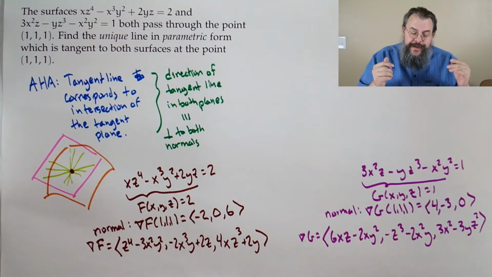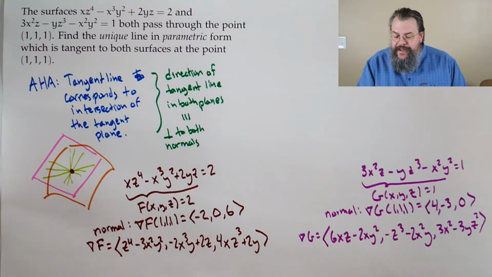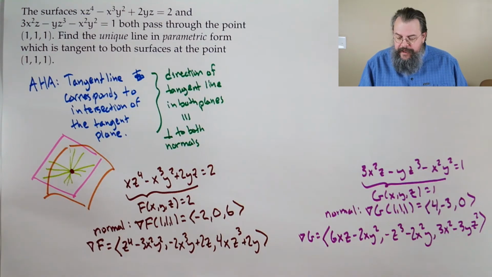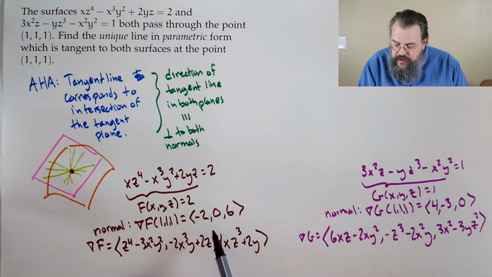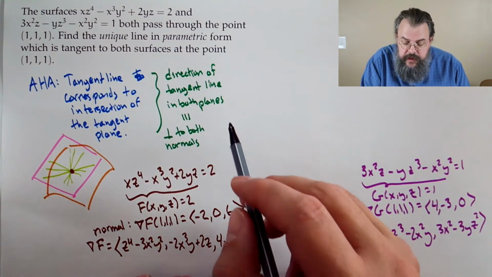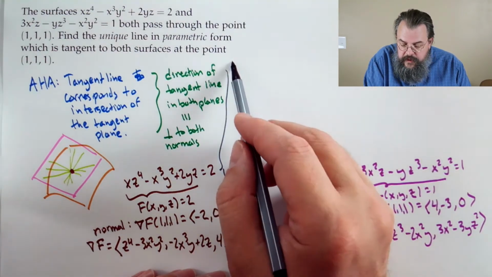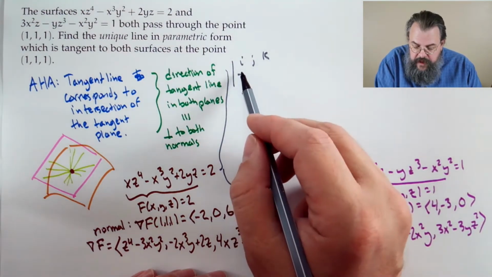So, good. There's a couple of zeros in our problem. That's a nice sign. Now, we do the cross product. We take our two vectors, minus 2, 0, 6 and 4, minus 3, 0, and set up i, j, k; it doesn't matter which order we do it.